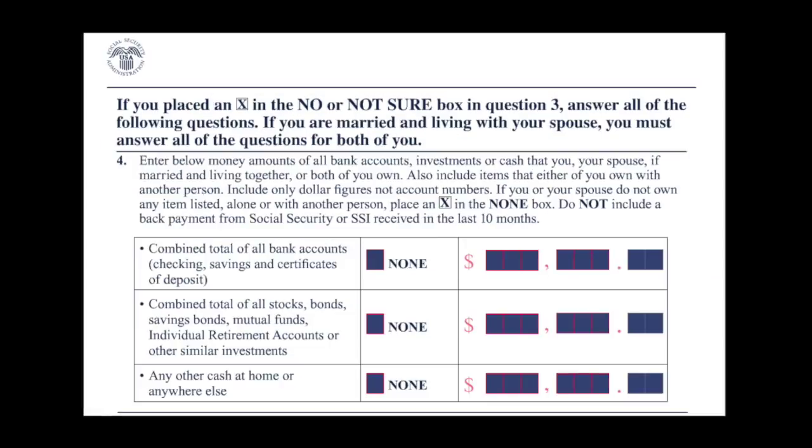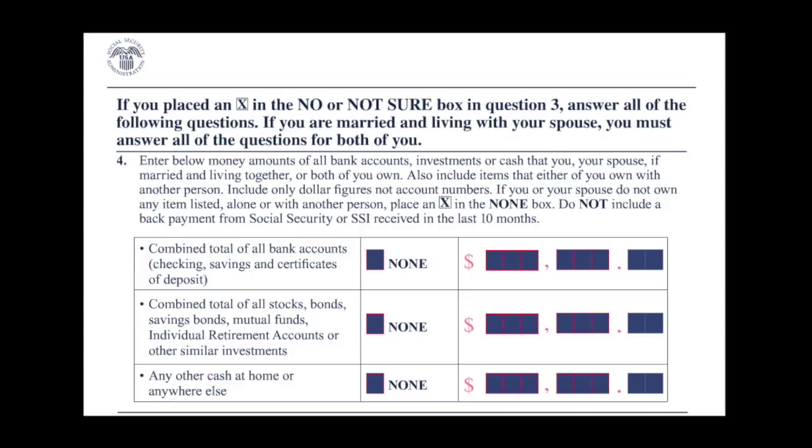In question 4, Social Security tries to get an idea of the person's assets. You can see it is the combined total of all bank accounts. You are going to combine their checking account, savings account, and CDs for the first part of question 4. If they do not have any of these, you would put an X in none.